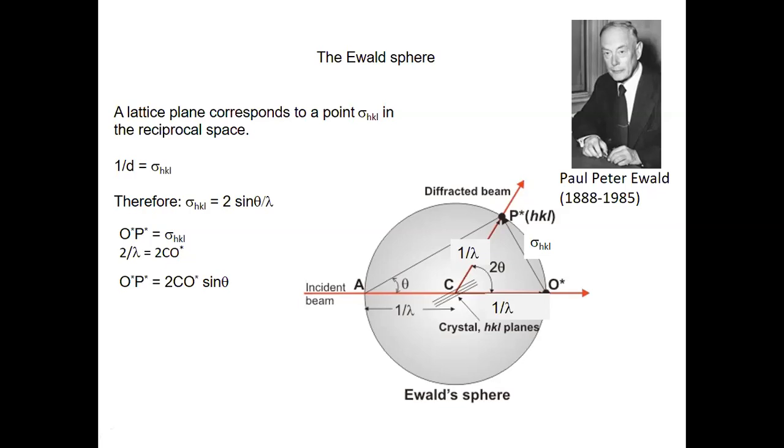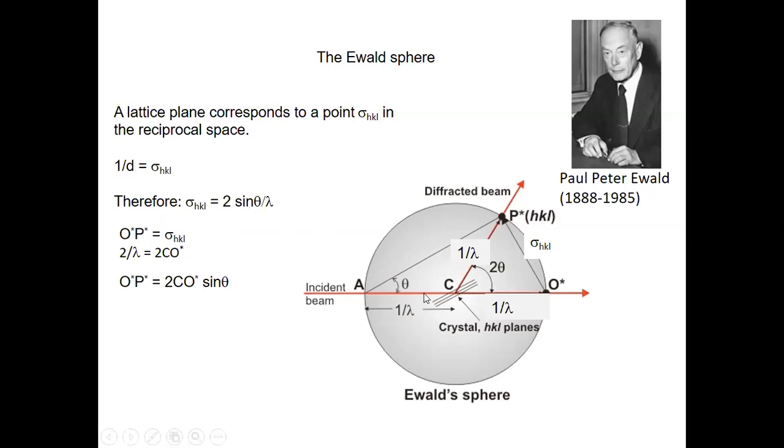Okay, then any reflection can occur when 2 times sine theta over lambda is equal to sigma HKL, whereby sigma HKL represents now the distance between the origin of our reciprocal space and a point on the Ewald sphere under an angle 2 theta under which we measure. Okay, so the Ewald sphere is nothing else but a geometrical interpretation of this formula here.